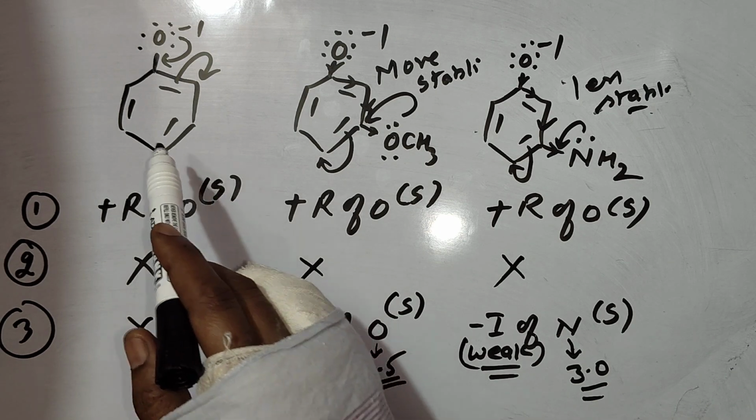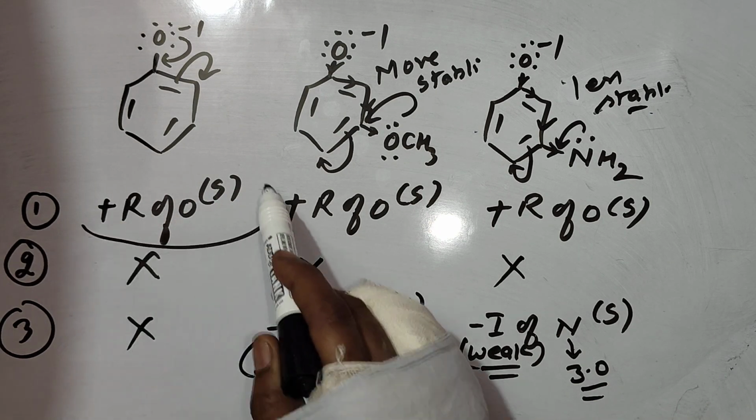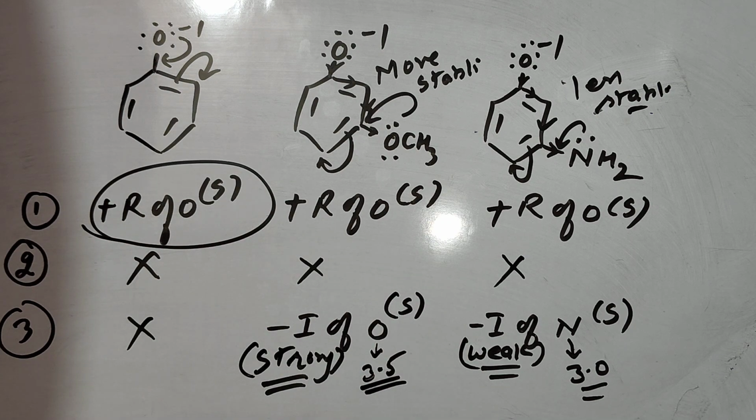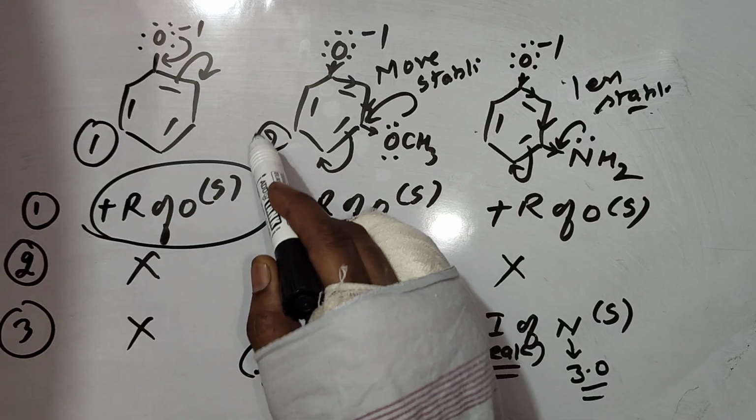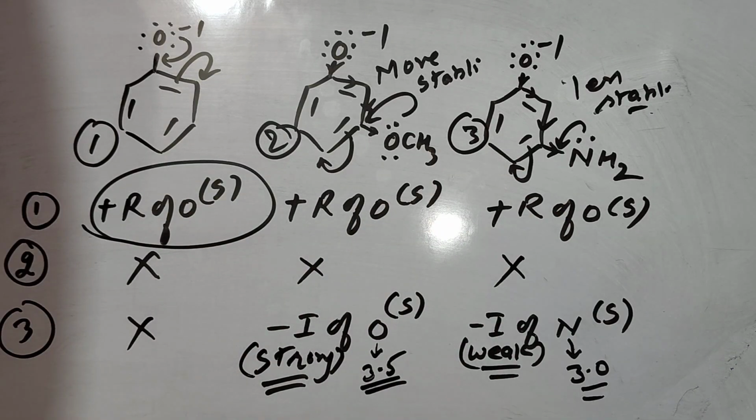So this anion is stabilized only by one factor. It will be least stable. It is 1, it is 2, and it is 3.